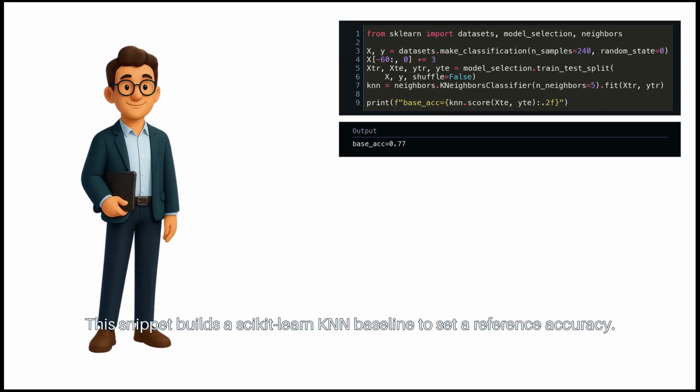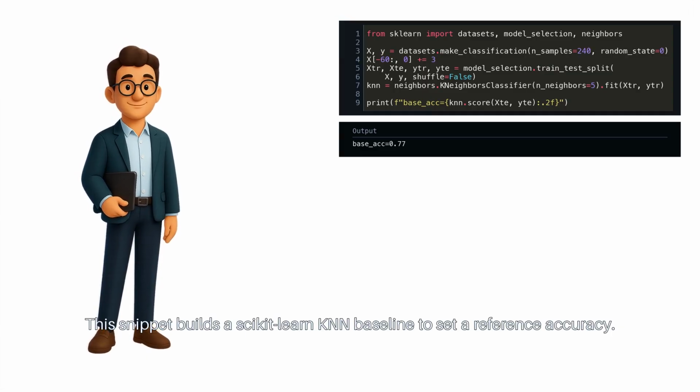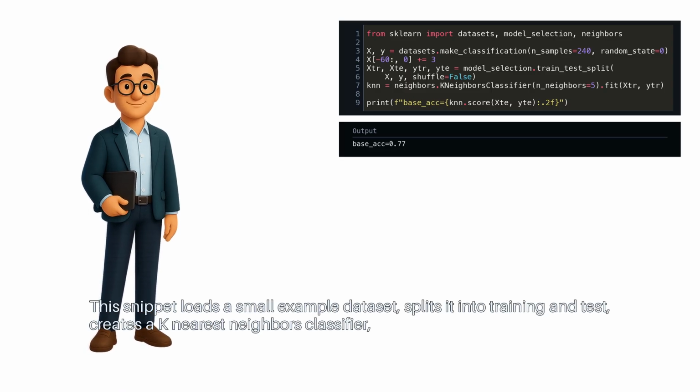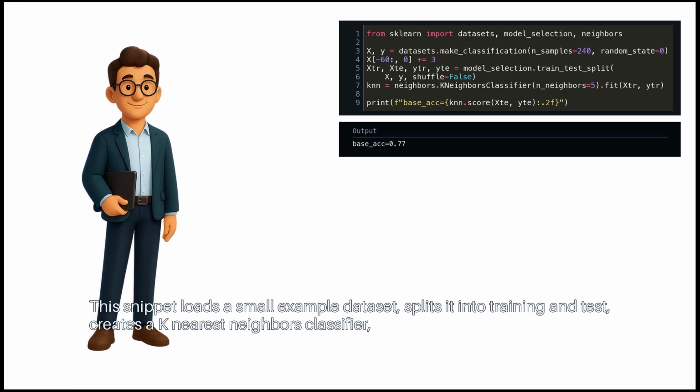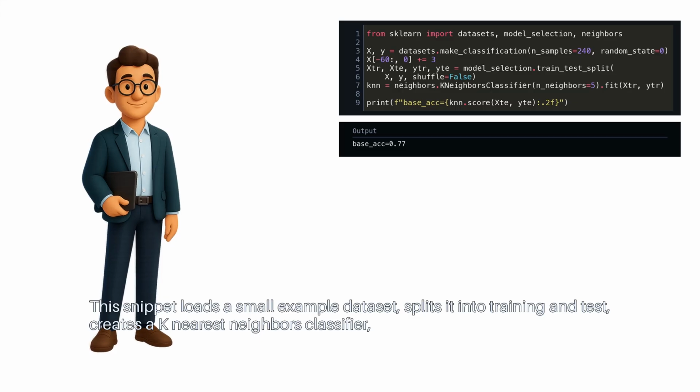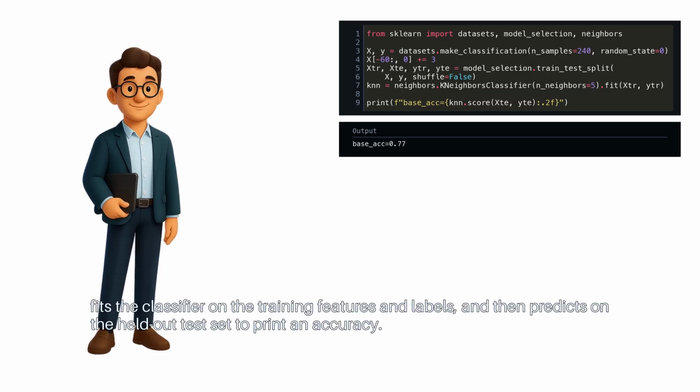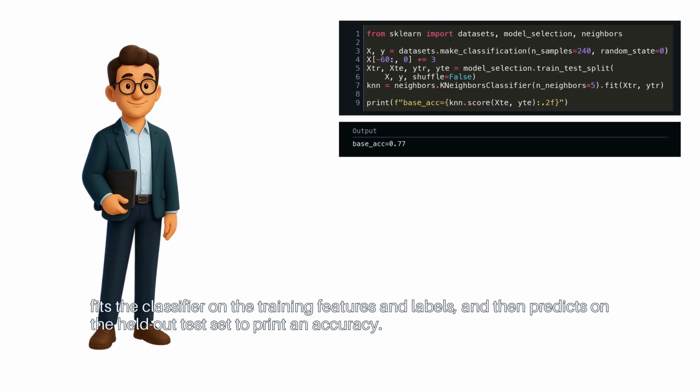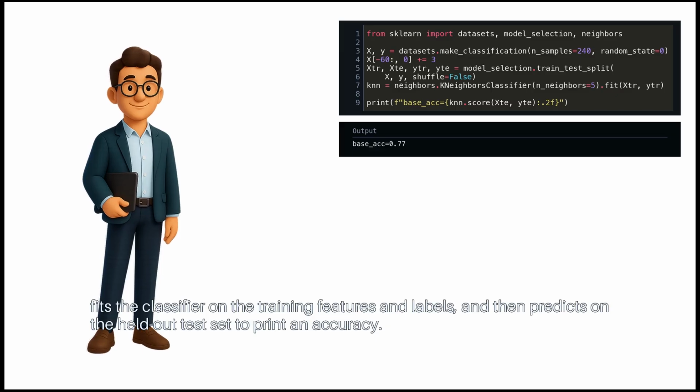This snippet builds a scikit-learn KNN baseline to set a reference accuracy. This snippet loads a small example dataset, splits it into training and test, creates a KNeighborsClassifier, fits the classifier on the training features and labels, and then predicts on the held-out test set to print an accuracy.